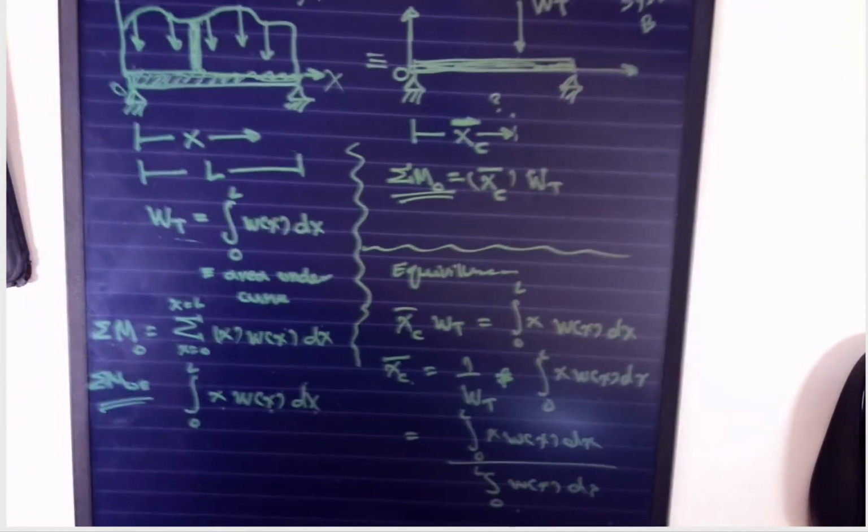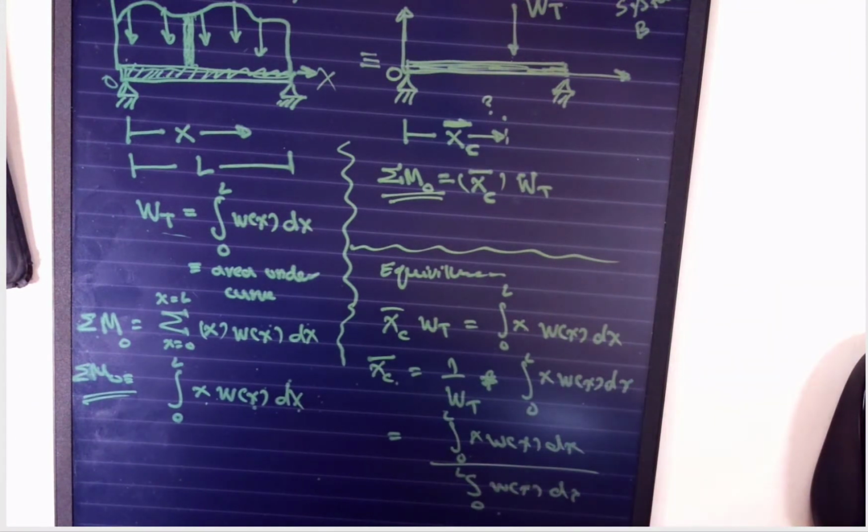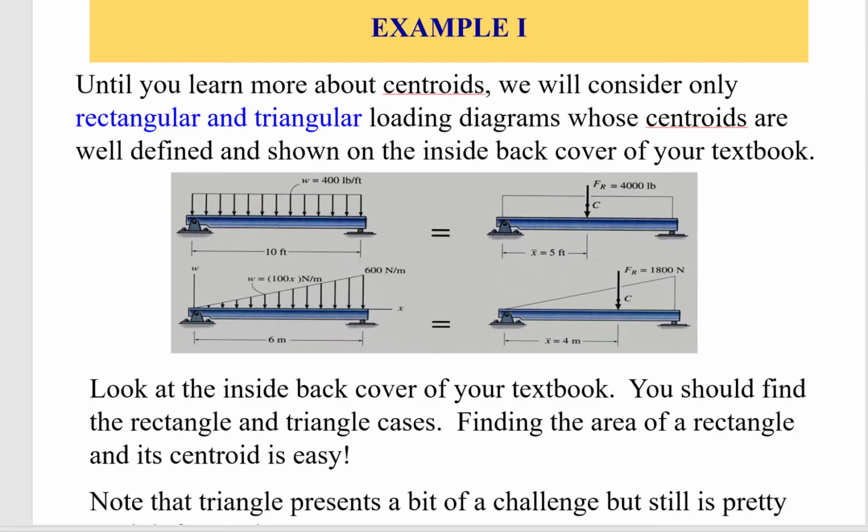I don't want you to get surprised by this formula. They are very easy, and we'll take some examples to follow. So this is from the presentation, which is already posted. We'll only take simple examples that include shapes of rectangle and triangle.